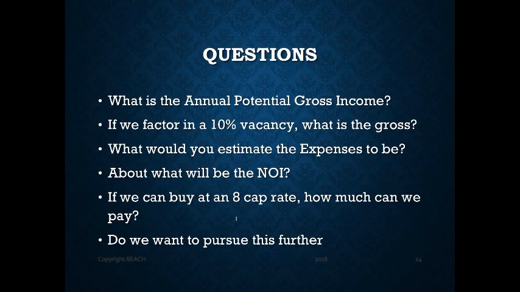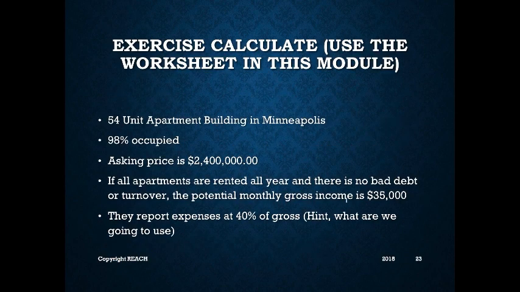Okay, so I want you to go through and figure out what the actual potential gross is. Okay, so we're going to come back here and answer some basic questions about this property. What is the annual potential gross income? It says my monthly gross is $35,000.